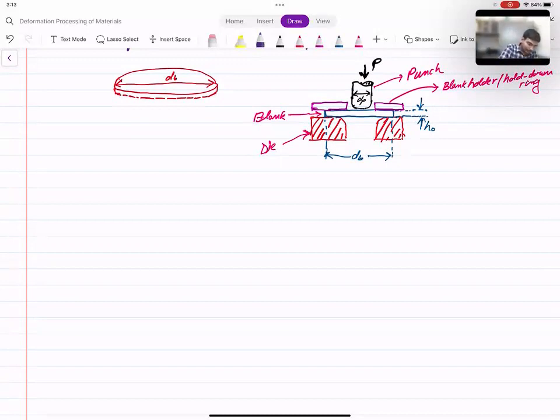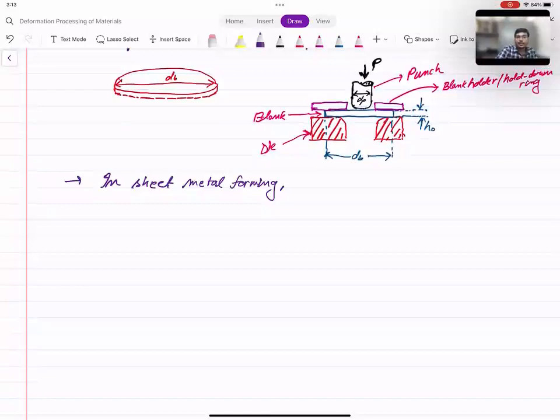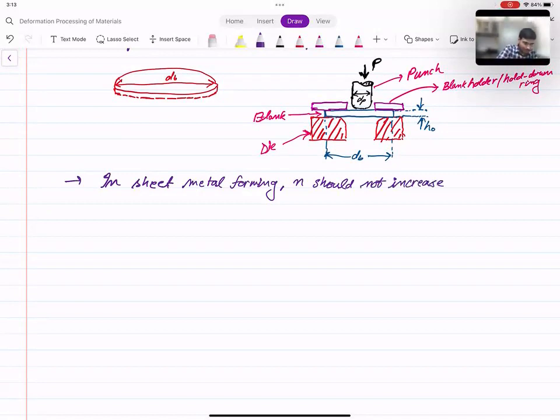So in sheet metal forming, the n value should not increase with deformation.